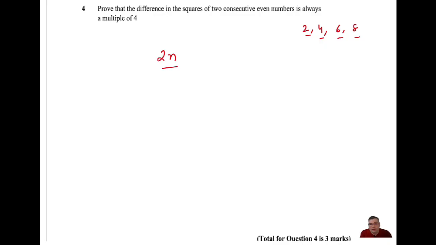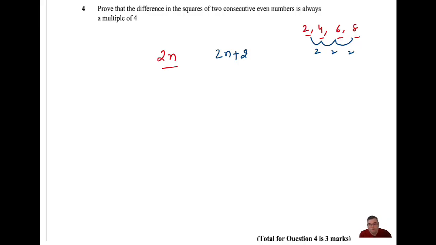The difference between consecutive even numbers is always 2. So if the first number is 2n, the second number is not 2n plus 1, it is 2n plus 2. Some students make a mistake here. So the second consecutive even number is 2n plus 2, right?